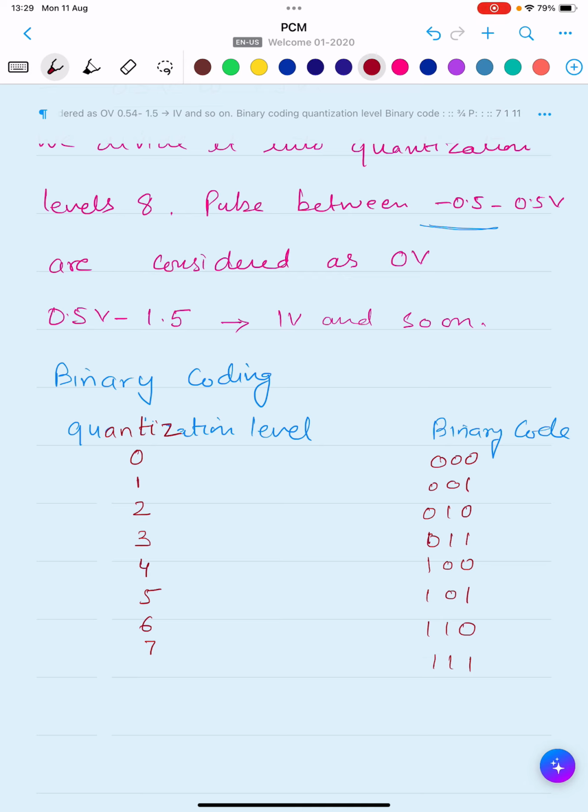These are the codes. These encoding values are combinations of binary bits, 0s and 1s, and basically we transmit them. So what we are doing is working in digital systems.